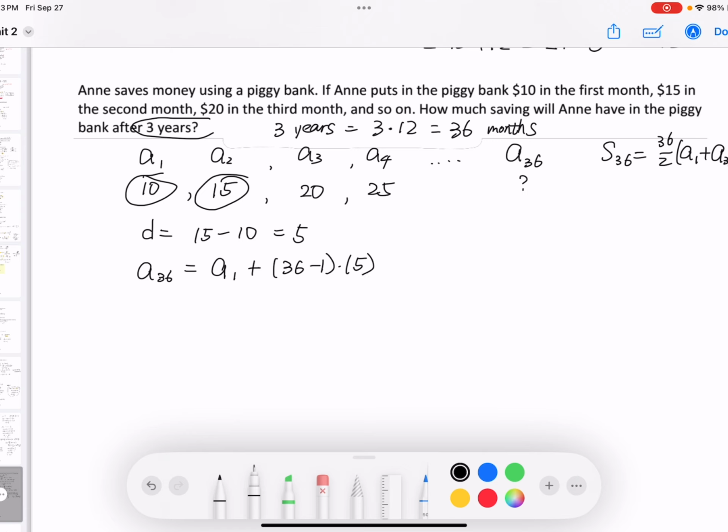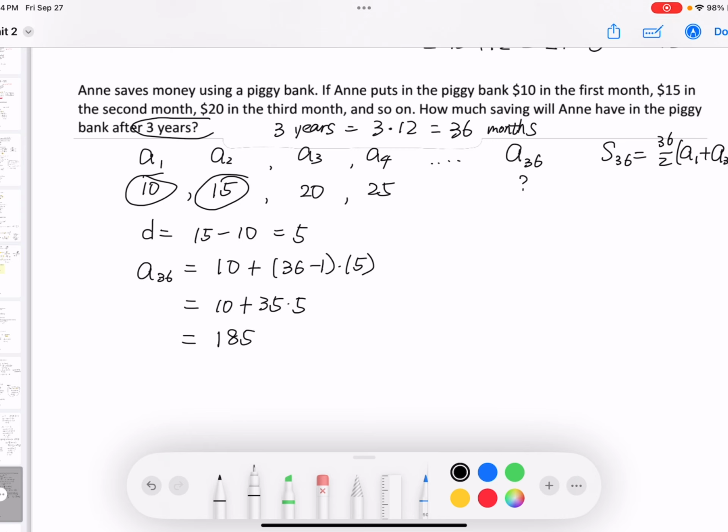What is A sub 1? We can plug in the A sub 1 value, which is 10. And then we have A sub 36 is equal to 10 plus 35 times 5. We can use our calculator to do the computation. It is 185.